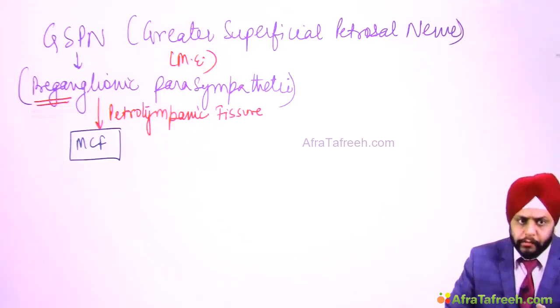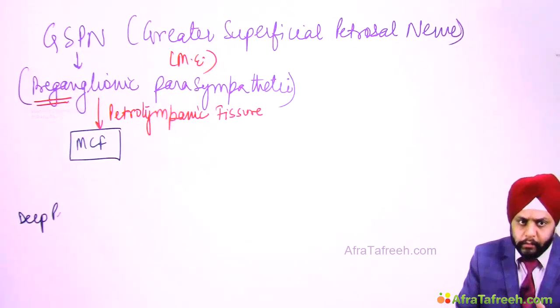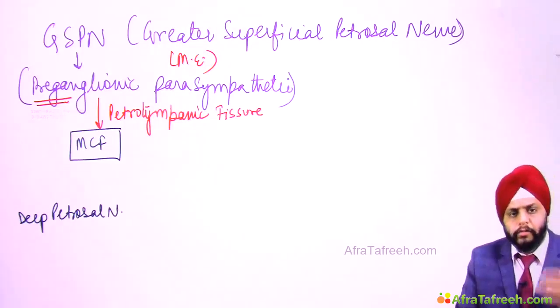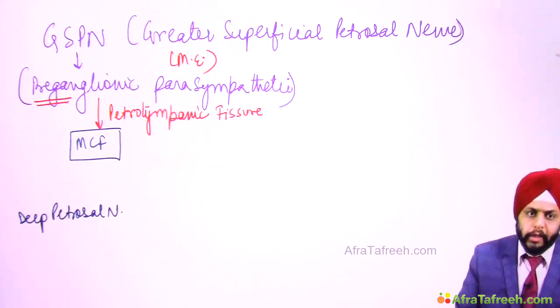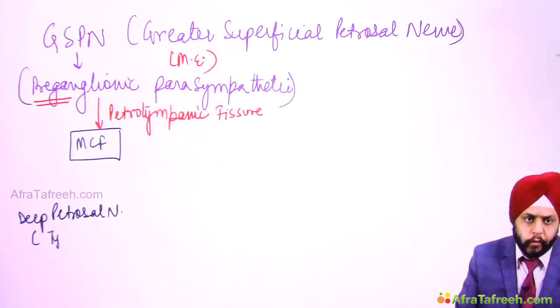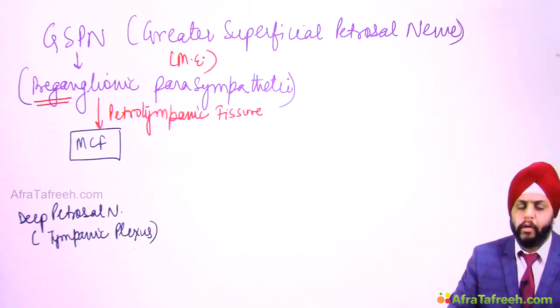Now, there is another nerve. This nerve is the deep petrosal nerve. This nerve is also from India. Okay, so let's say middle ear is India. Now this nerve, it originates from the tympanic plexus that is in the middle ear on the medial wall.